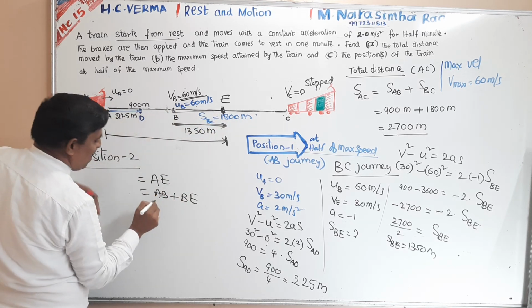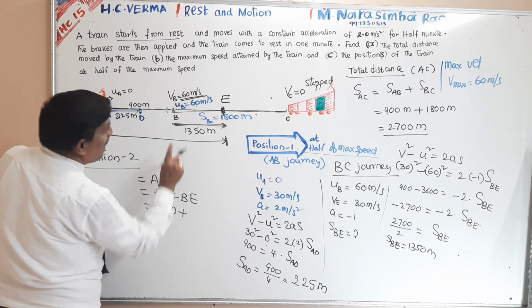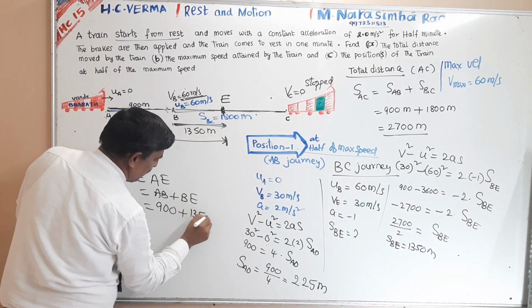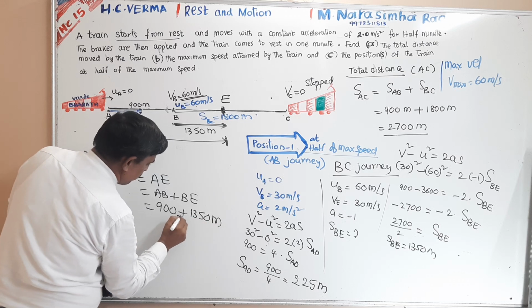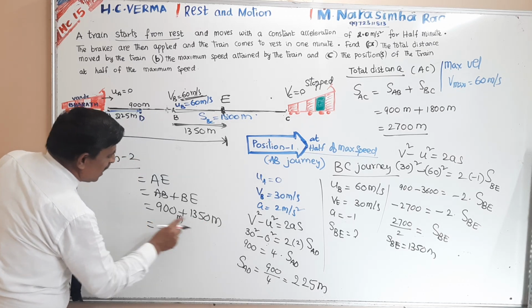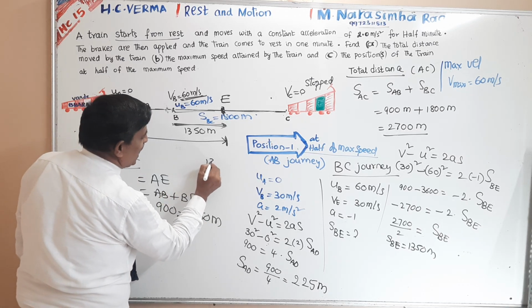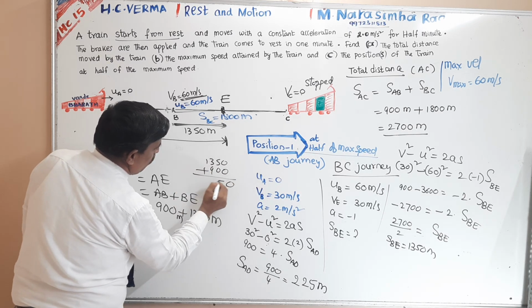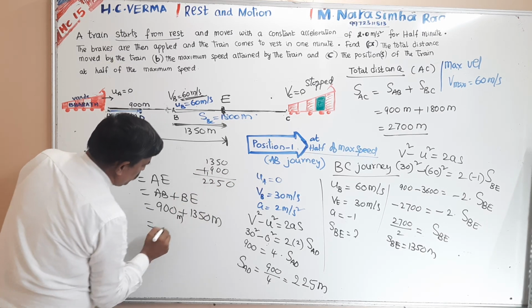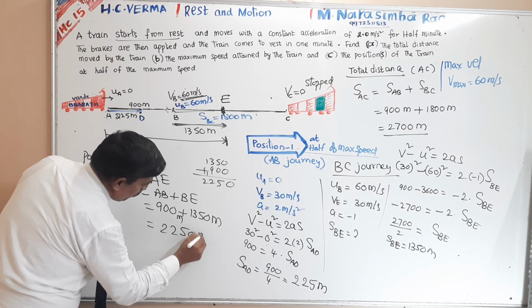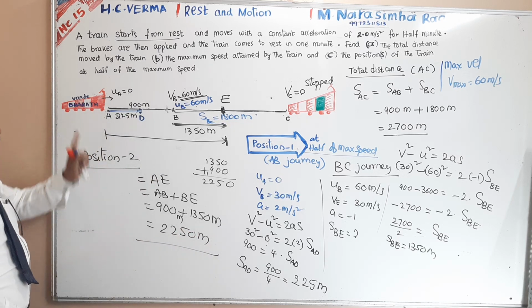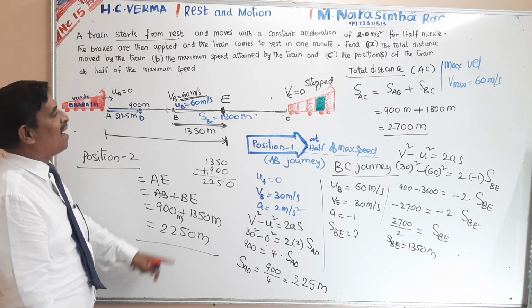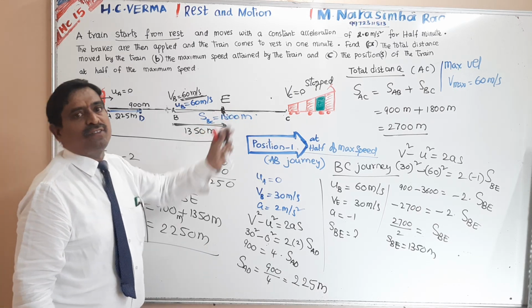AB is 900, BE is 1350, so 900 plus 1350 is 2250 meter. At a distance of 2250 meter from the starting point, it will again get half of the maximum speed.